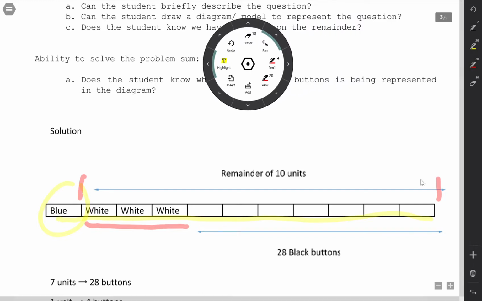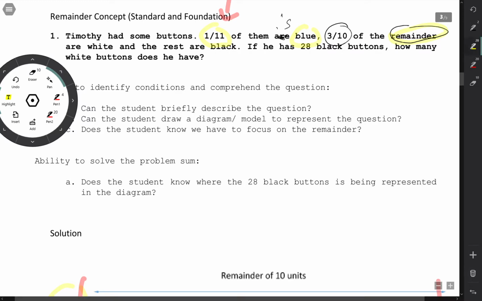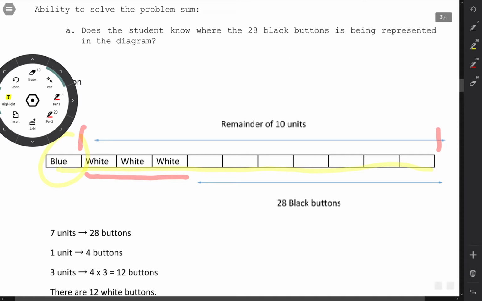Next, if you read the question, he has 24 black buttons. The rest are black. So where are the rest? The rest are actually here.